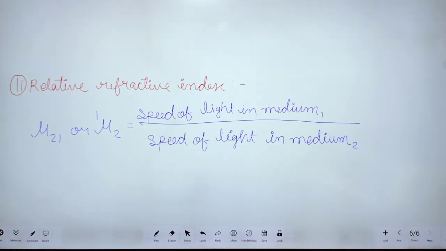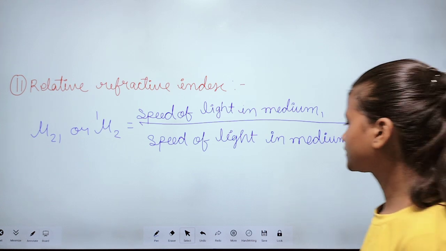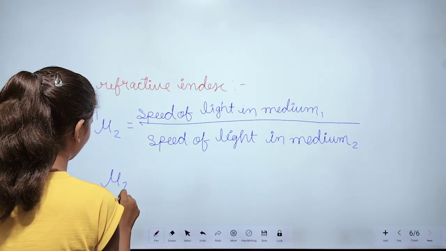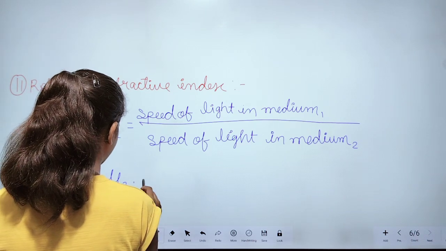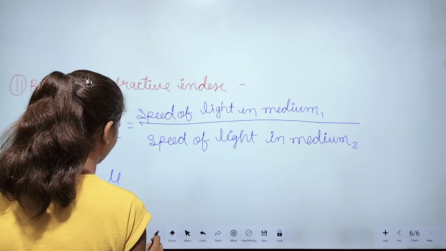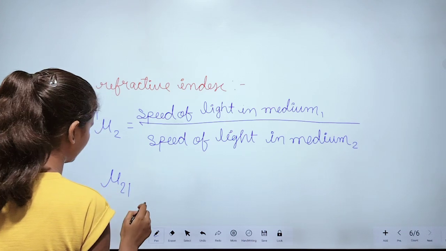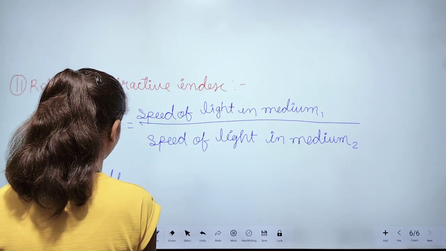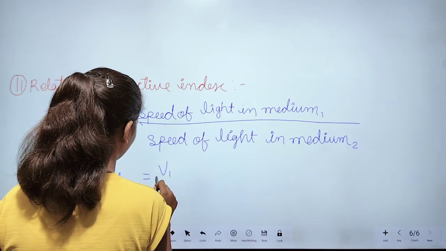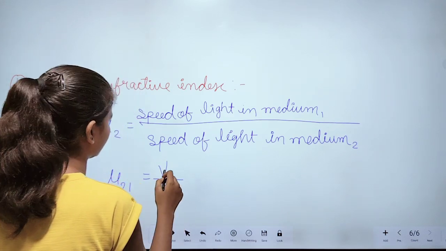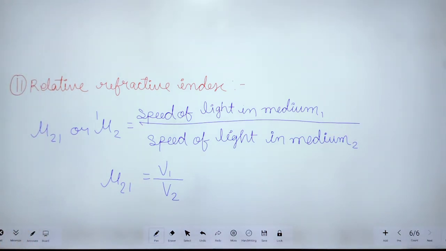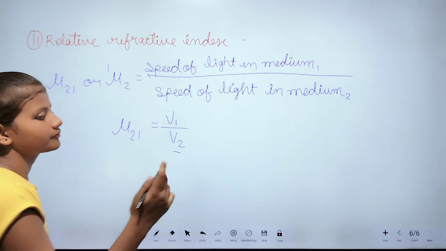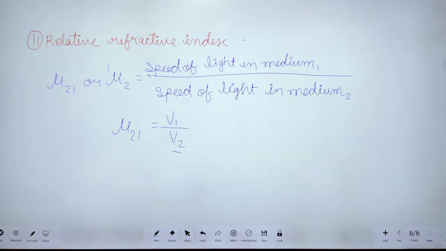Or you can also write like this, mu 2 with respect to 1 is equal to v1 by v2. Here v1 is the speed of light in medium first and v2 is the speed of light in medium second.